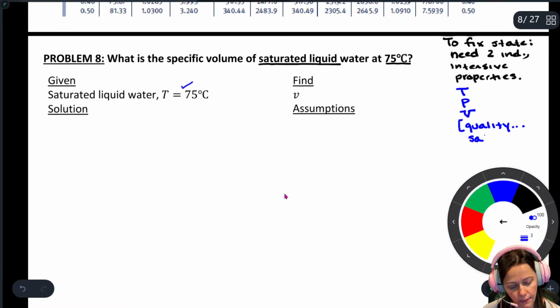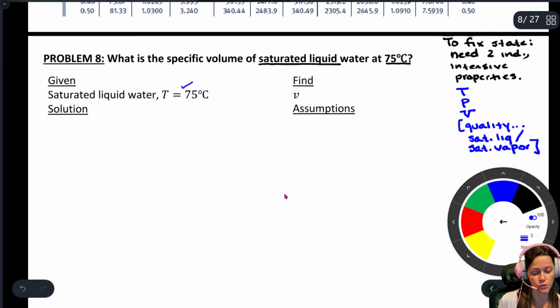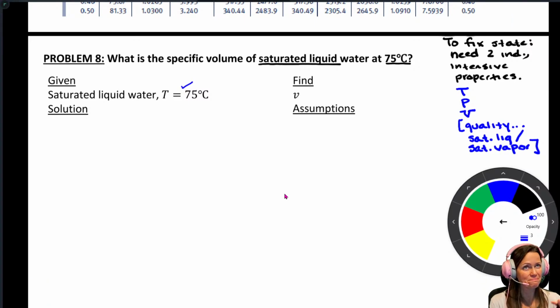And that will tell us whether we have a saturated liquid or a saturated vapor, or a mixture of the two and the ratio of those two things. So I guess that statement is still true. It's just not as obvious that it's true, but I just wanted to address it in case anybody had a question mark there.